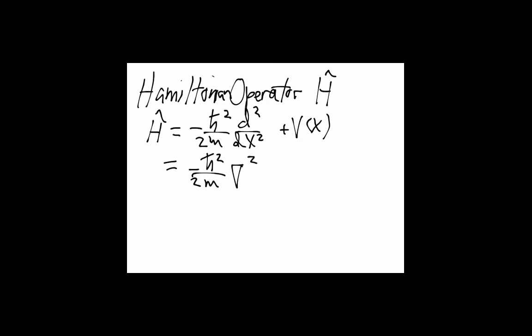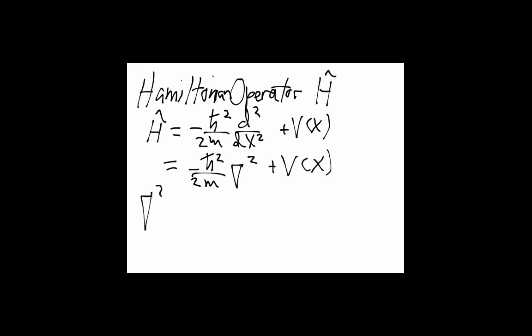Now that term, minus h bar squared over twice the mass, I've been saying second derivative, but so far in this one-dimensional case it's always been written as d squared over dx squared. But in math in general, we have another term called del squared or nabla squared. So I can write this as minus h bar squared over twice mass, and then this upside down triangle, del squared, and then plus the potential, of course.